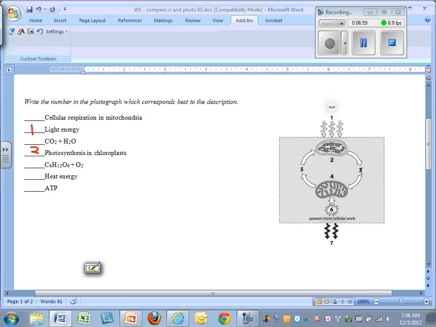Number three. What is given off that is used for cell respiration? There we go. Number four, that structure is mitochondria. Number six, what is that? ATP.